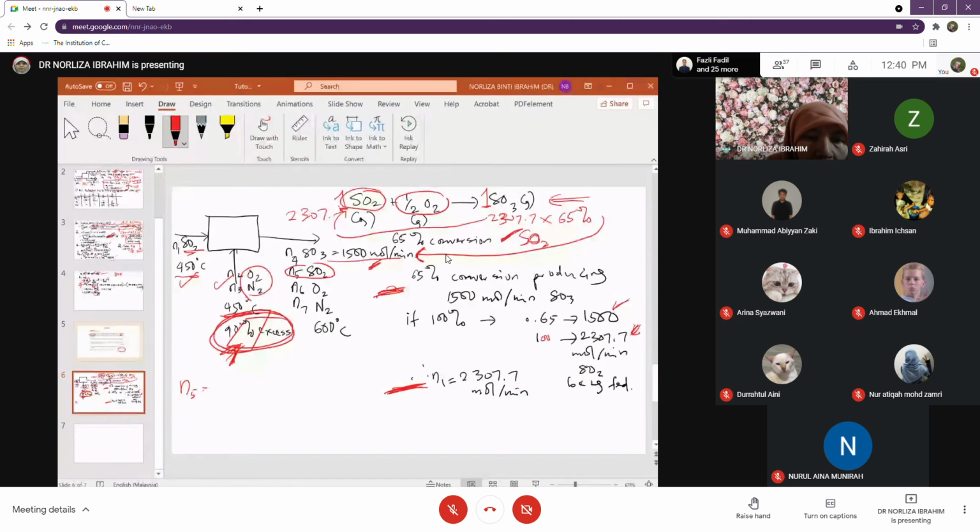N5 is unreacted SO2. Okay, you can calculate. There are two ways to calculate whether it is 0.35 unreacted from the feed of 2307.7, or it is actually 2307.7 that you fed, and the SO3 produced is 1500, because they're equivalent 1 to 1.